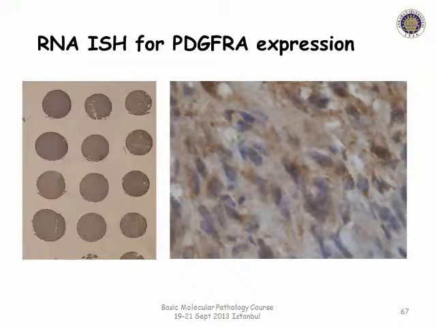These are not very practically applied in routine diagnostic pathology, but if you don't have any very good antibody for showing the expression of this protein, then you may use RNA in situ hybridization.